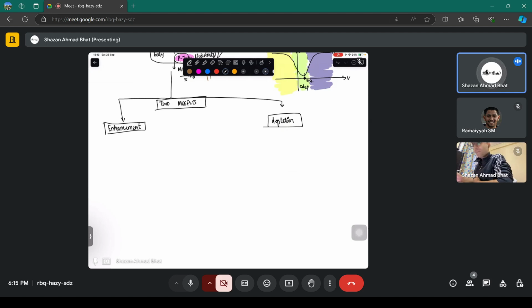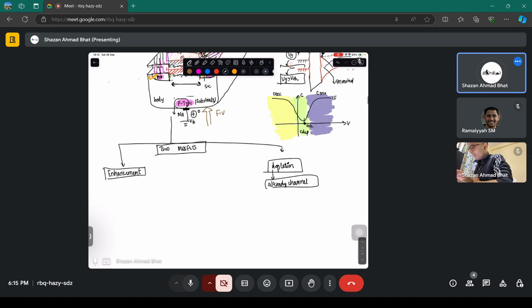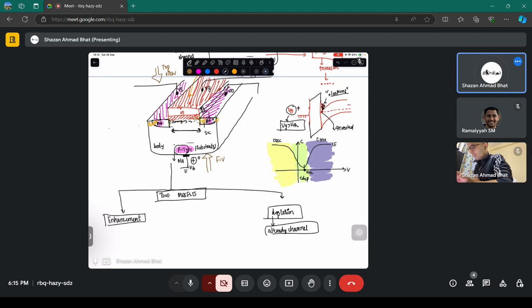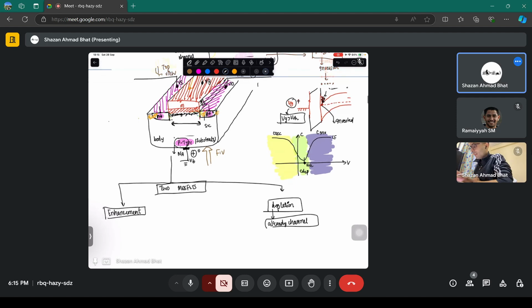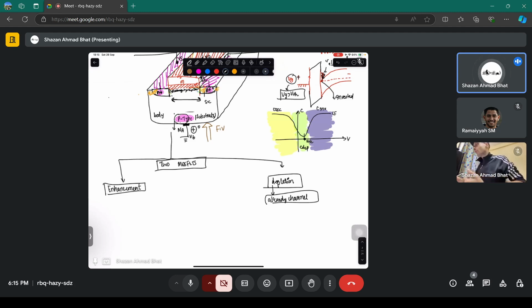The simple distinction between these two types is that in the depletion type MOSFET, you already have a channel. The channel is already present, with electrons or holes already there. You have to apply the opposite voltage to repel those carriers away from the channel to make it off.